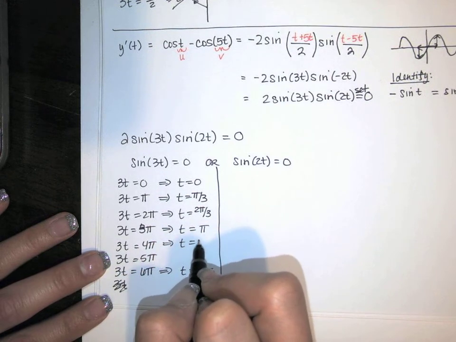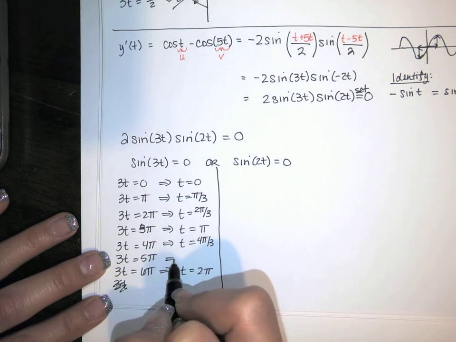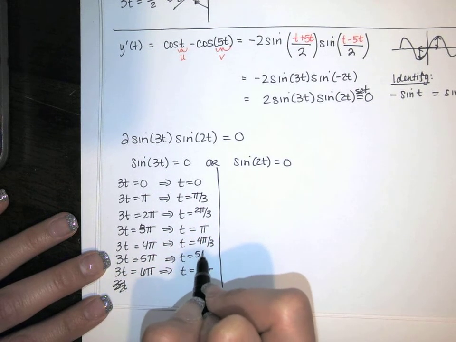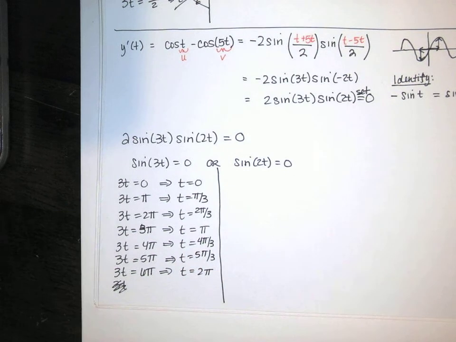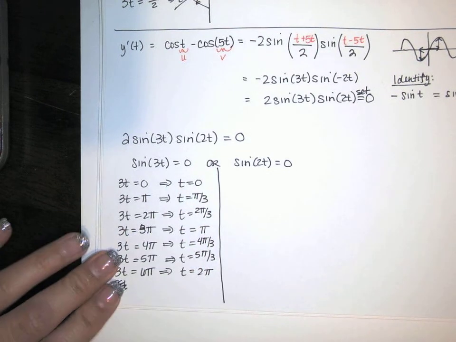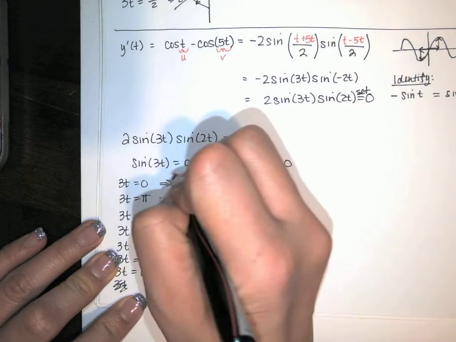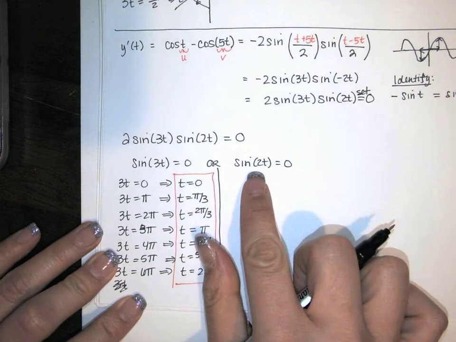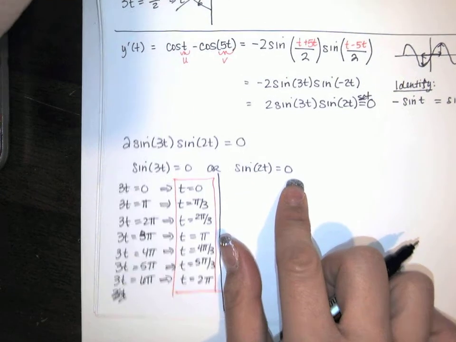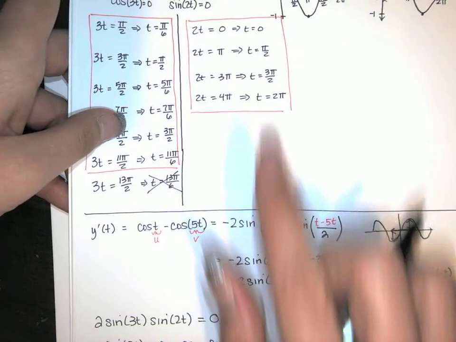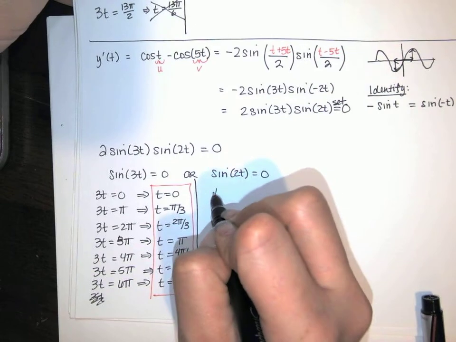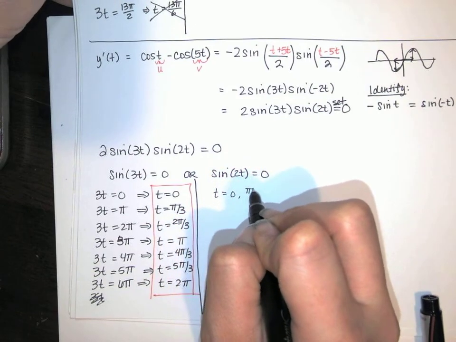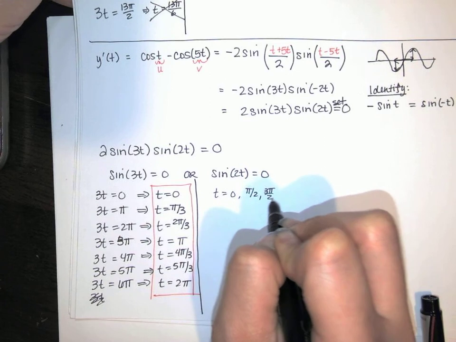So this is 4 pi over 3, and this is 5 pi over 3. Okay, so that's for that one. And sine of 2t equals 0, we actually found those values already up there. So just based on what we did before, we got 0, pi over 2, 3 pi over 2, and 2 pi.